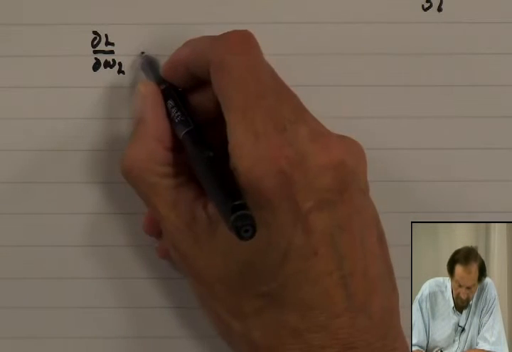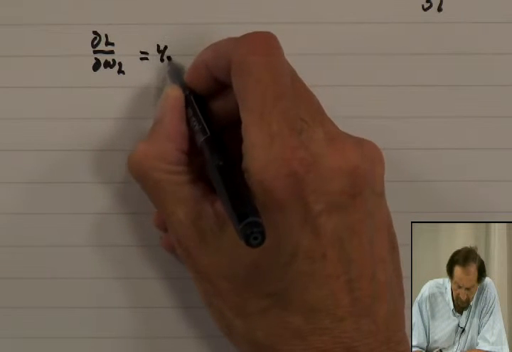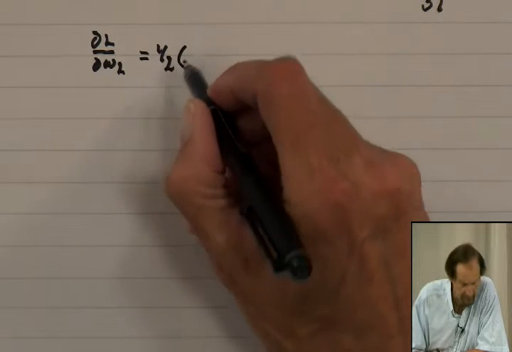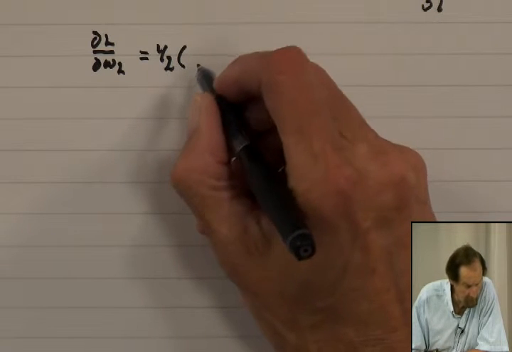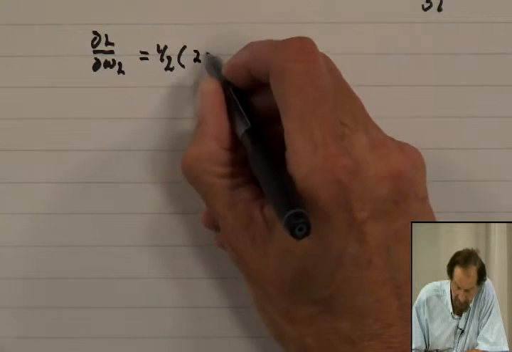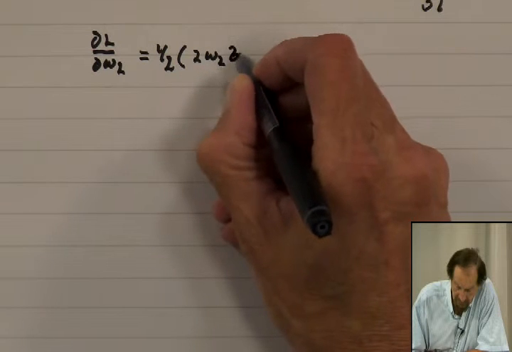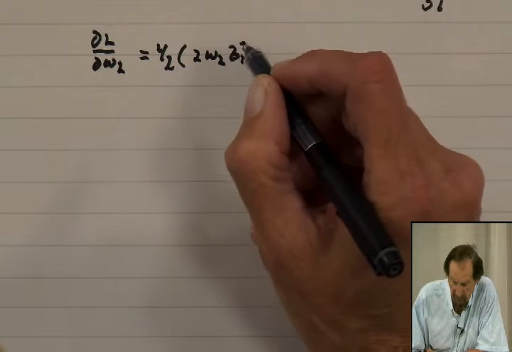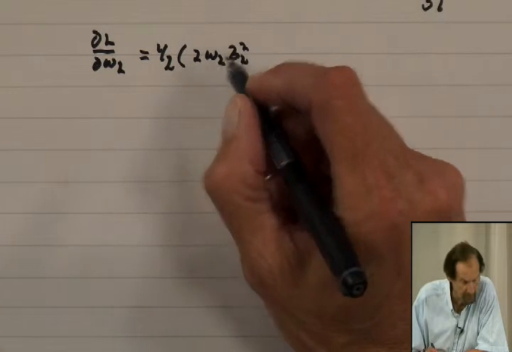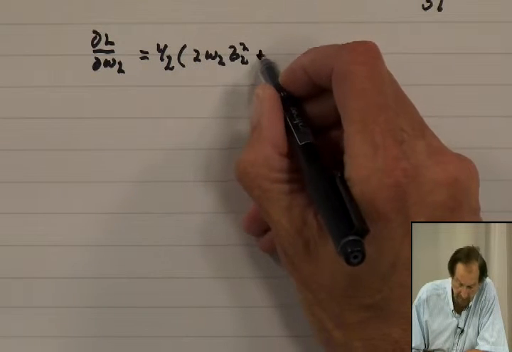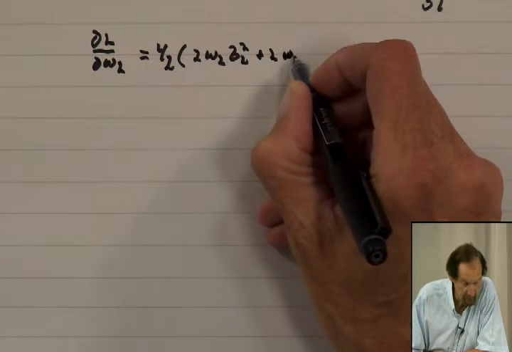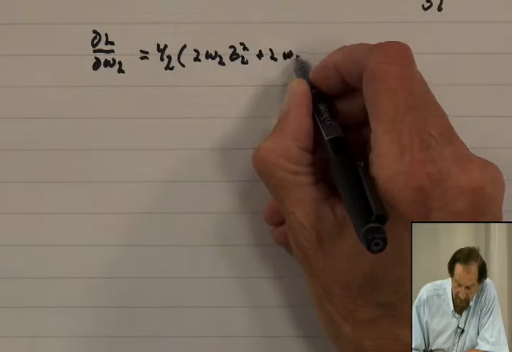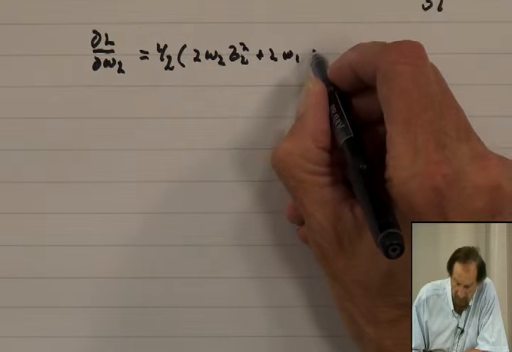And that equals, again, we have this 1/2 out here. That's going to simplify things. Now we have 2W2 sigma 2 squared. Remember, we don't have the sigma 1 squared because we only have a W1 term in front of that, plus 2W1 sigma 1,2.